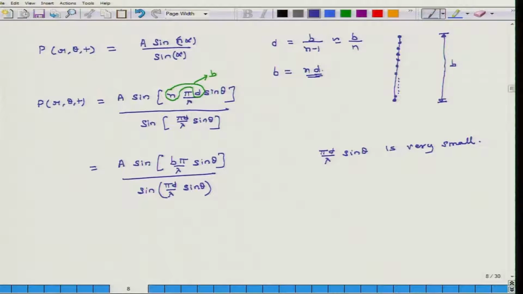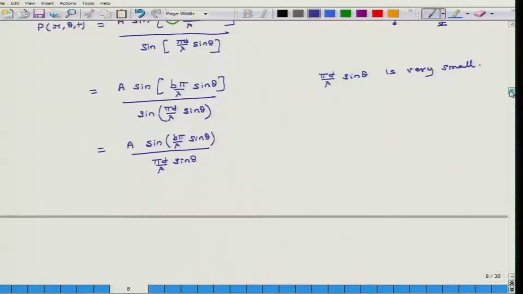If d is small, pi is finite, lambda is finite, sine theta cannot exceed 1. So, pi d sine theta over lambda is also extremely small. So, for that case, this relation can be expressed as A sine(b pi over lambda sine theta) divided by pi d over lambda sine theta, because sine of a small angle is same as the angle itself.